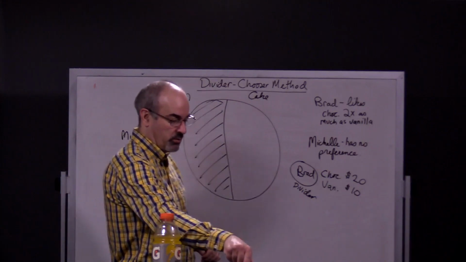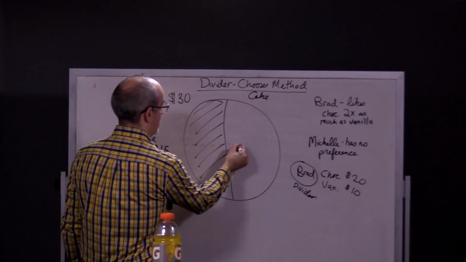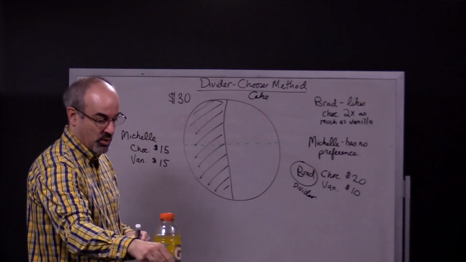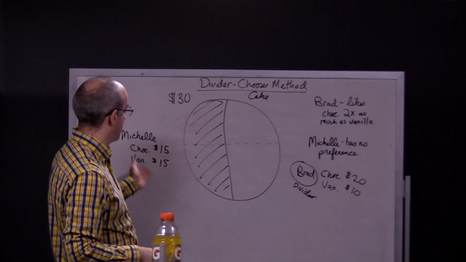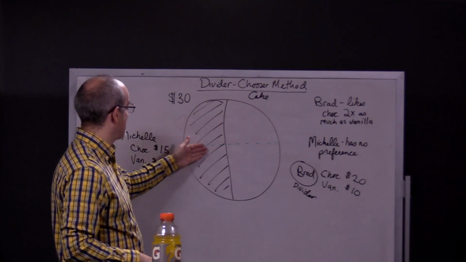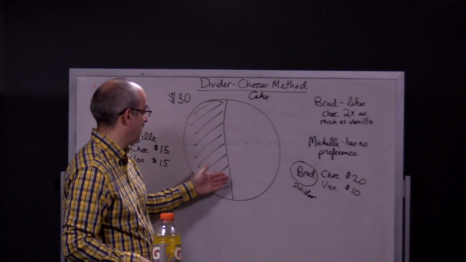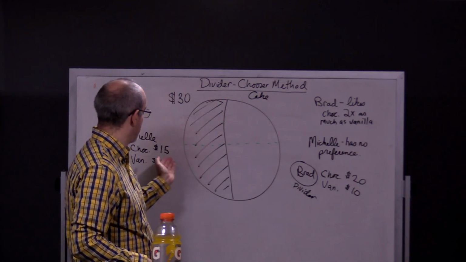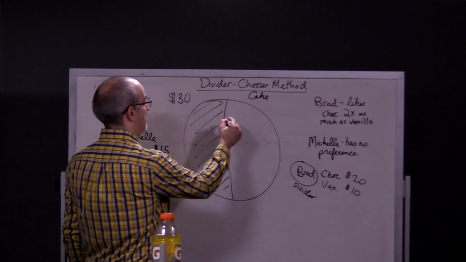So what Brad will do is he'll cut the cake this way. That way, no matter what Michelle chooses, now remember, Michelle has no preference, so half of the chocolate is worth $7.50, half of the vanilla is worth $7.50. So either one that she chooses, she's going to get $15 worth. So let's say Michelle chooses the top.